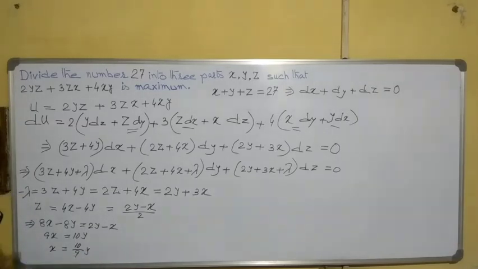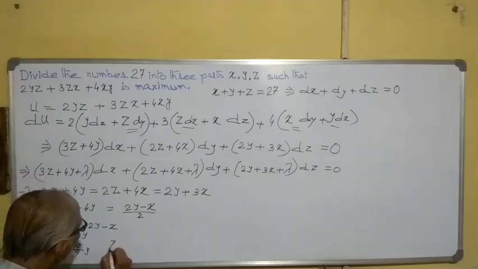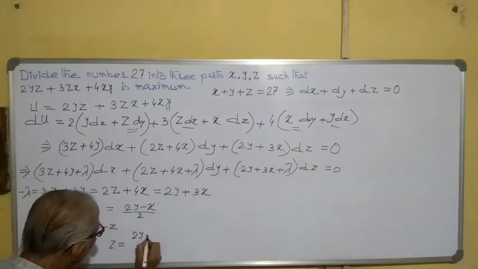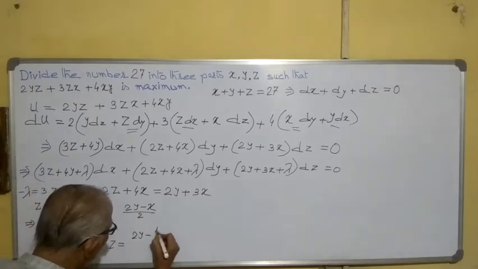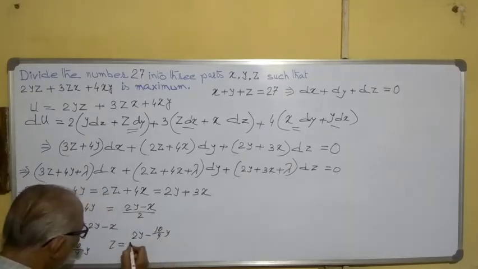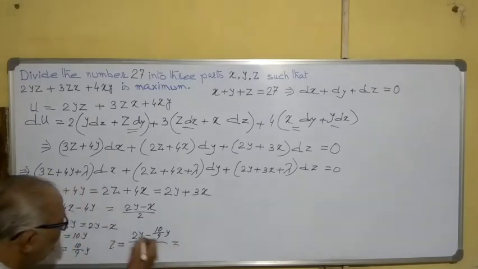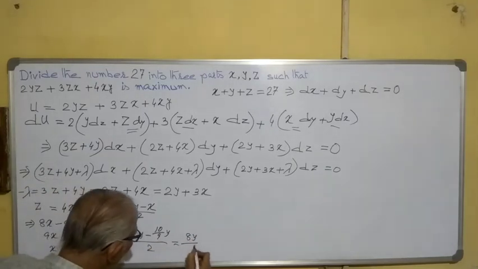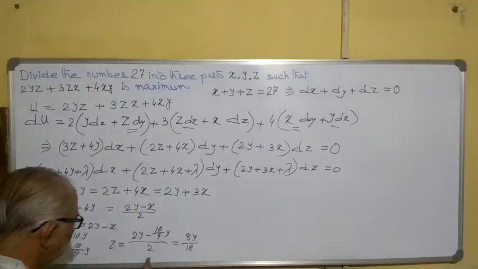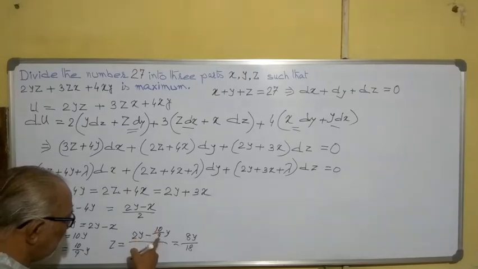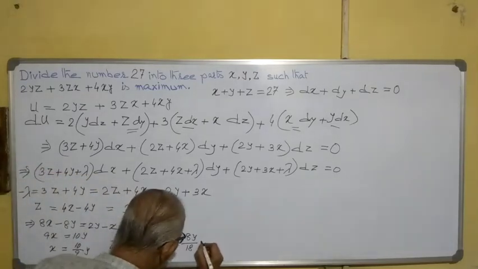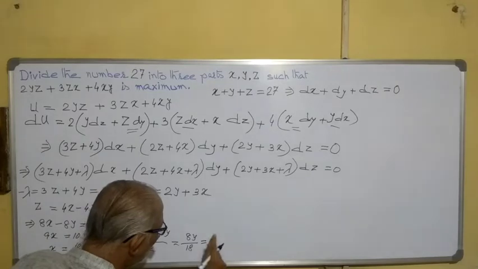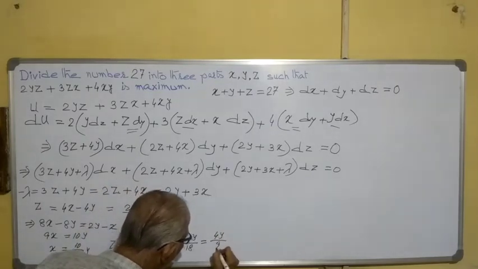Now putting this value here, z equals 2y minus, instead of x writing 10 by 9 y, by 2, that is 18y minus 10y over 18, which equals 8y by 18, that is 4y by 9.